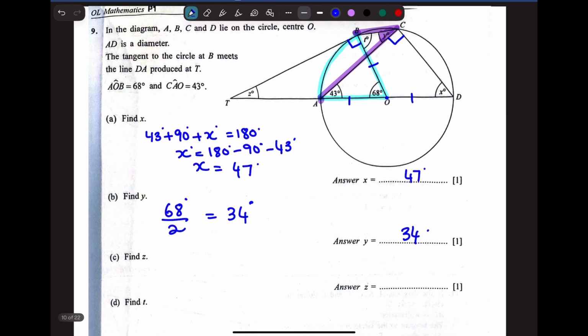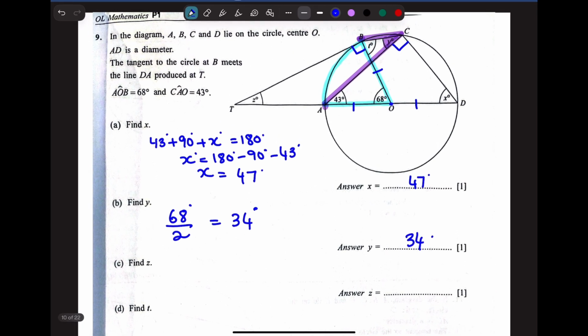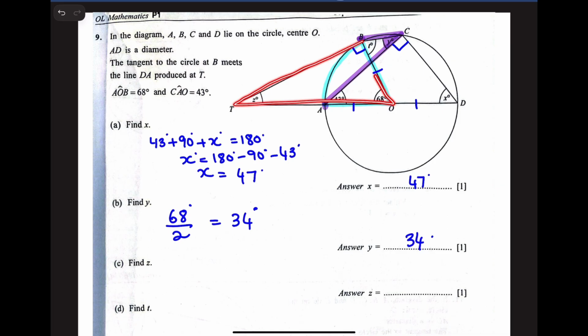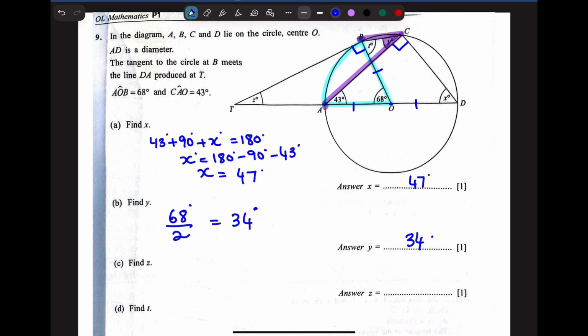Next you need to find angle C, which is this angle. Again, please focus on triangle BTO. This is 90, this is 68. We can figure out Z very easily. So 90 plus 68 plus angle Z should be 180. Why?